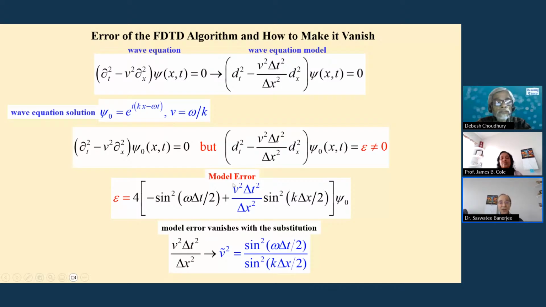If we change this v delta t squared over delta x squared and replace it by v tilde squared, which is this quantity, and if you think about it carefully, you will realize that by changing this quantity into this, you can make the error vanish.